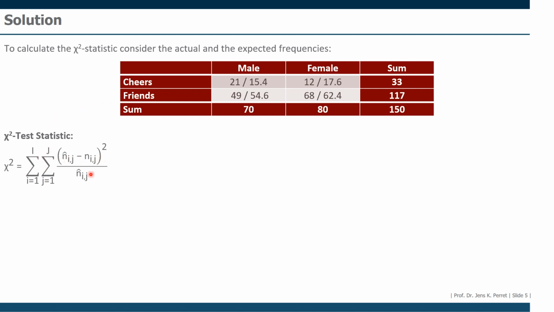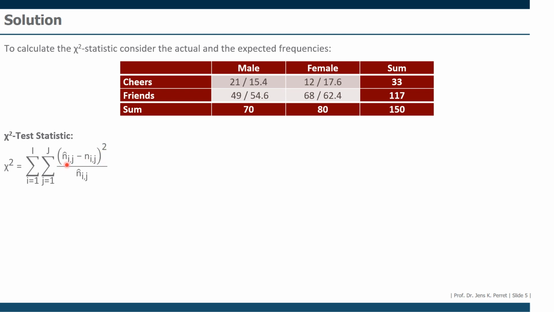Well, what's this supposed to be? This is the expected frequency. That's the actual frequency. So we're always taking the expected frequency, subtract the actual frequency, and this difference is then squared.